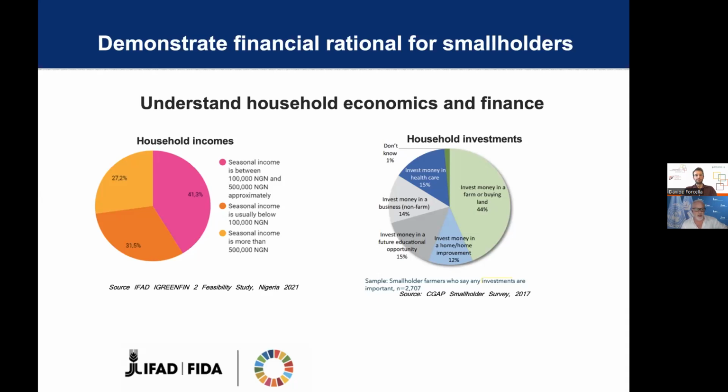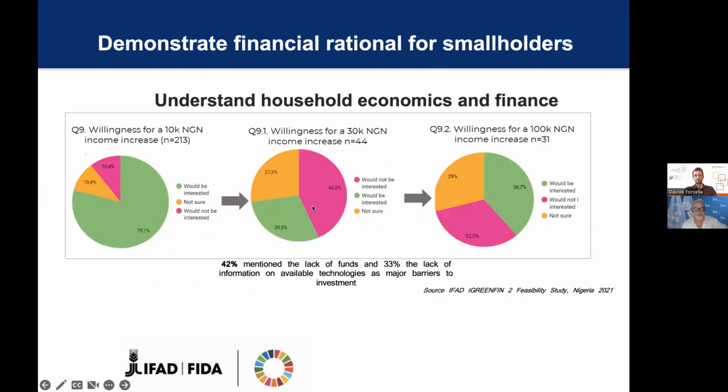And then we also find on the right there, 44 and 14% are interested in taking on and off-farm business loans. So there is a market, at least at a very general level. Let's take a look at the next slide.